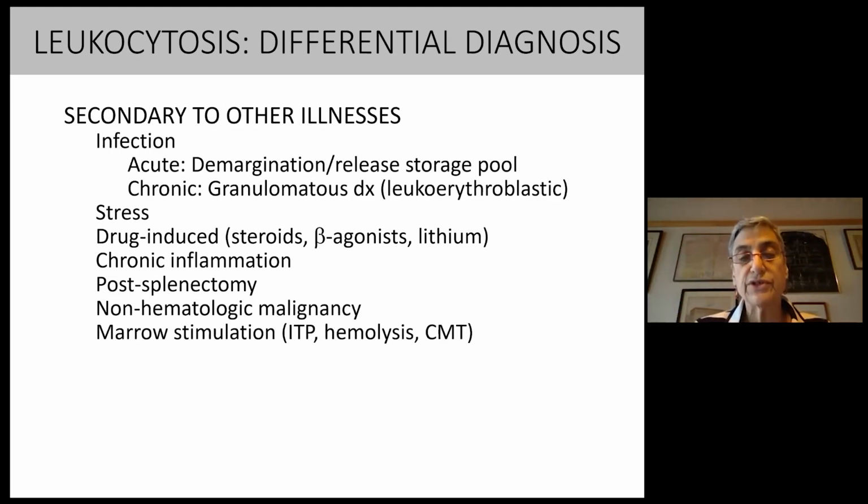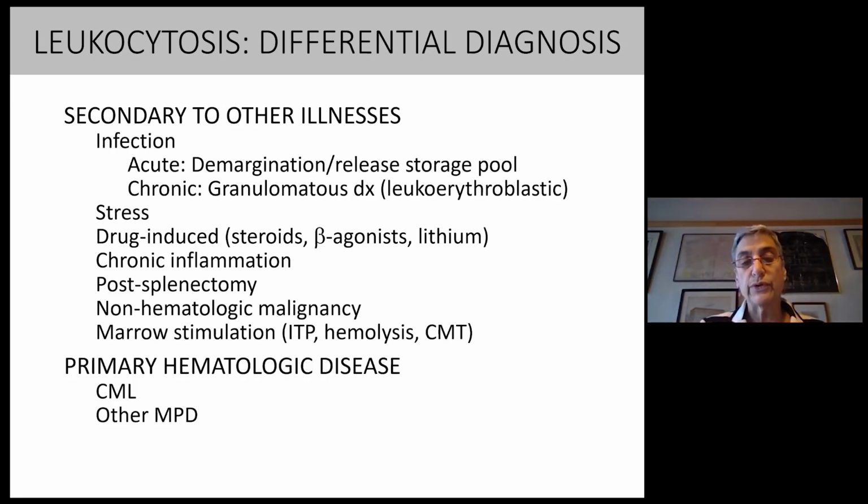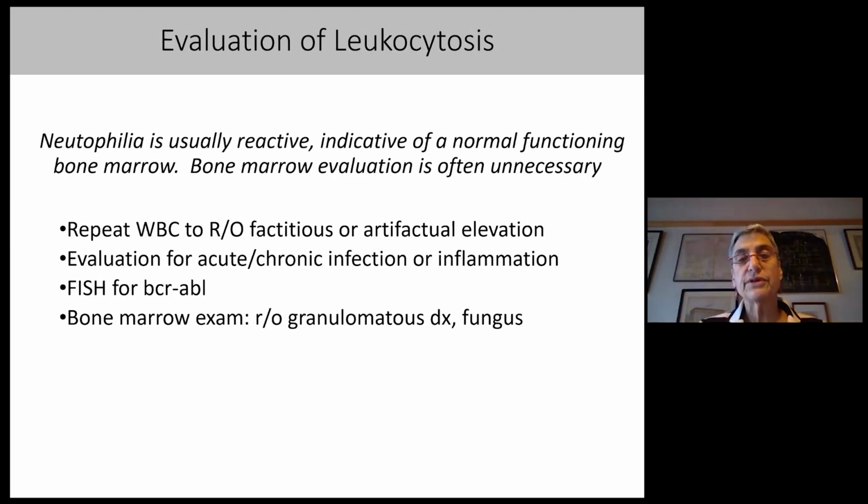And most patients post-splenectomy will have an elevated white count because the spleen is a major site for sequestration of white cells. And it's only after ruling all those out that we consider primary hematologic diseases like chronic myeloid leukemia or other myeloproliferative neoplasms. So in working up leukocytosis, there really isn't very much that needs to be done.